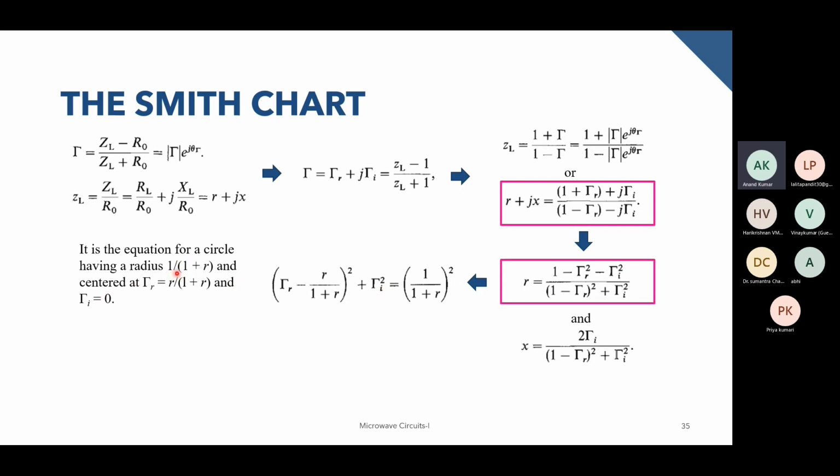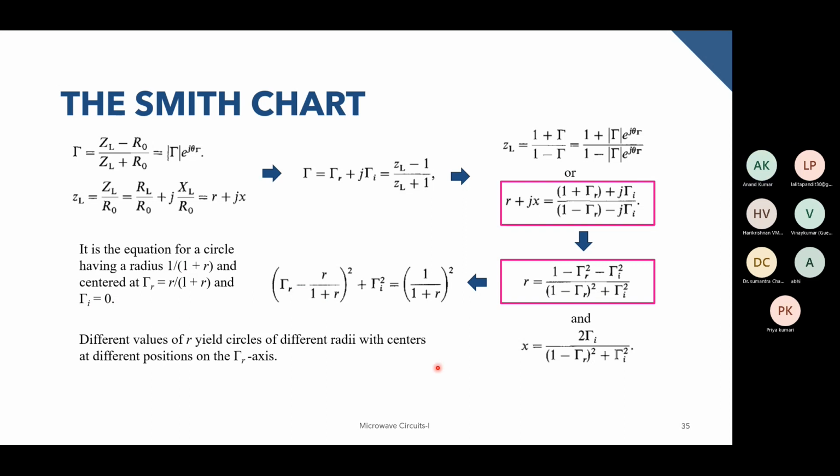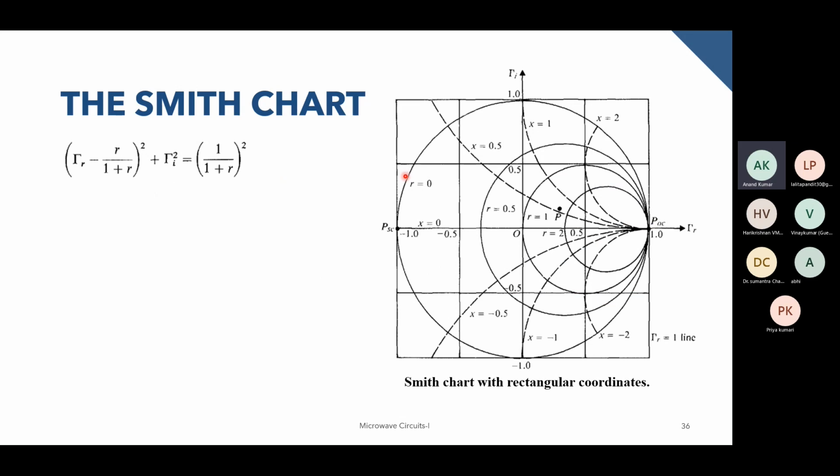As we stated, the radius of the circle is 1 by 1 plus r, and it is centered at r by 1 plus r and 0. If you change the values of r, you will get different circles. The radii will change, the center will also change, and you'll be able to plot a number of circles. So we'll do that now.